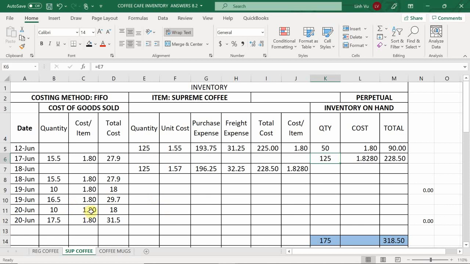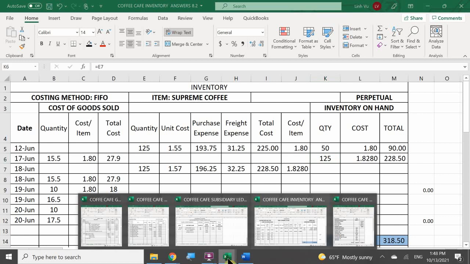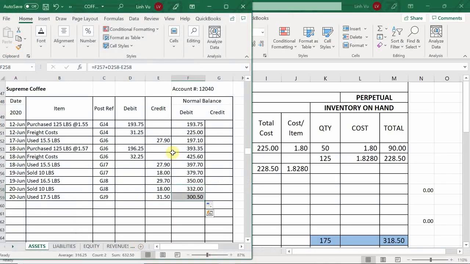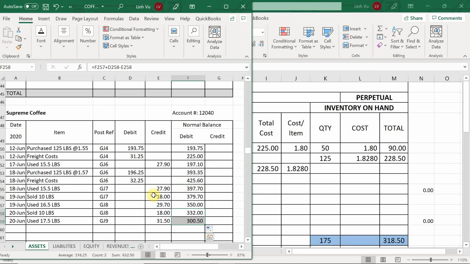Okay. Maybe. Let's see: 27.90, 18, 29.70, 18, 31.50. Let's see if that was all true. Yes, that is all true.